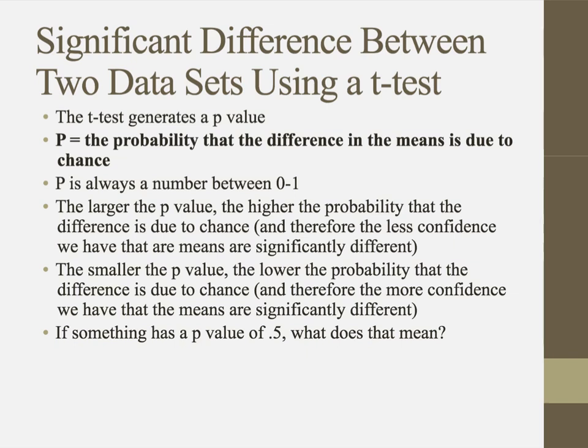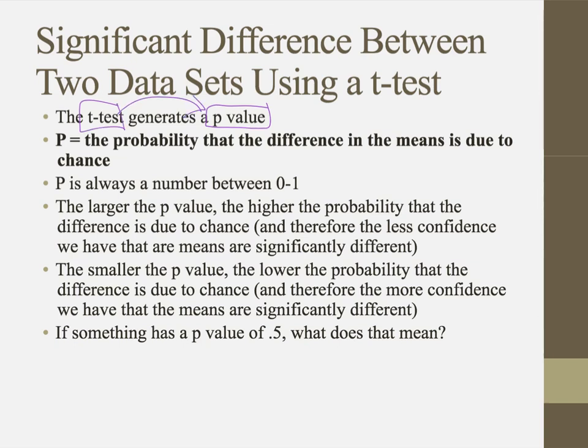So what is a t-test? Okay, well, a t-test compares two means, but when you use something like Numbers or Excel to conduct a t-test, what comes out of the t-test is the p-value. So a t-test will generate a p-value.